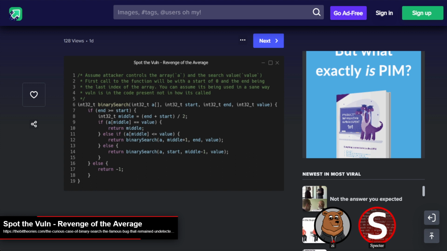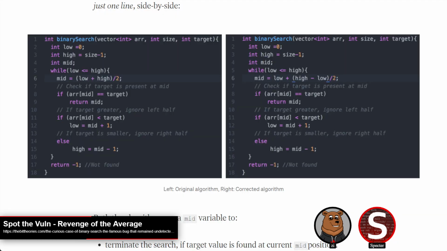Yeah, it's pretty insane that this existed for so long in real world targets, like you were saying. This one is easier to spot than the last one we did, or at least it was for me. I think part of that's because this one is logically correct. You run it through, and that's why it took so long to spot, it's not obviously incorrect.